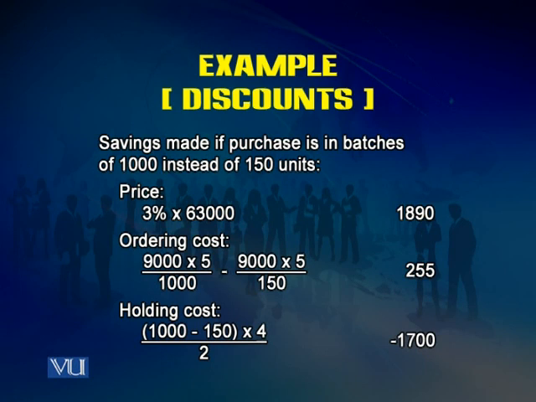So we can clearly see that the additional cost is 1,700, but the saving is 1,890 plus 255. Of course the saving is greater than the additional cost. That's how we arrive at the decision on whether or not we take advantage of our quantity discounts.